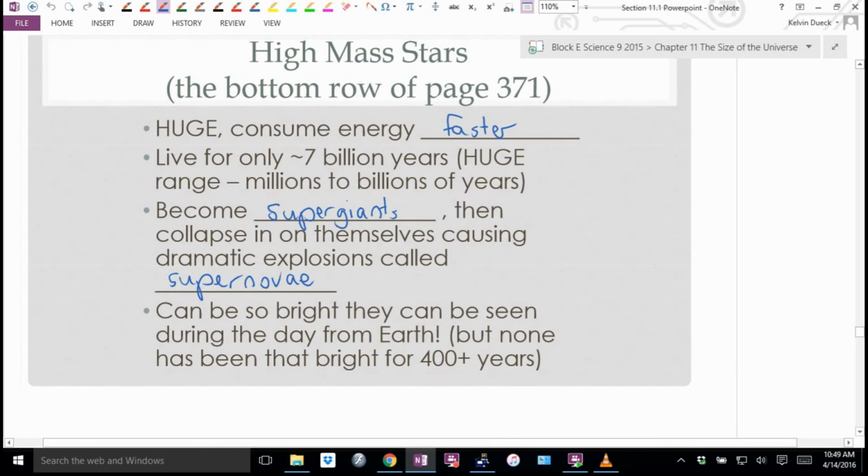These can be so bright that they can be seen during the day from the Earth. There was one around the year, I think, 1066 or so. There are records. It was the Crab Nebula that went supernova, and you could see it during the daytime. None has been that bright for about 400 or so years.